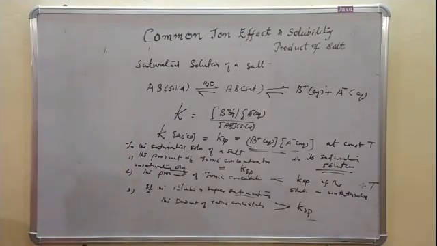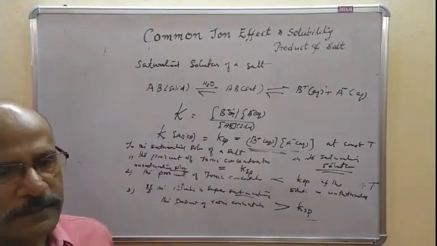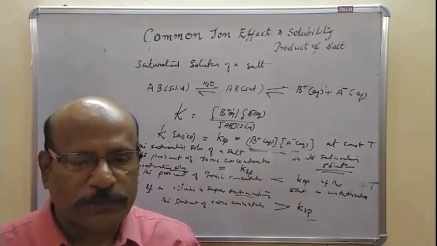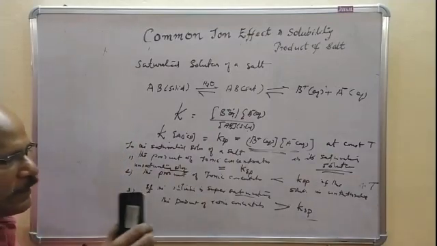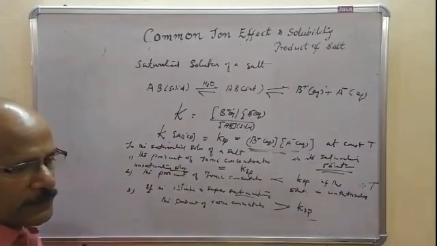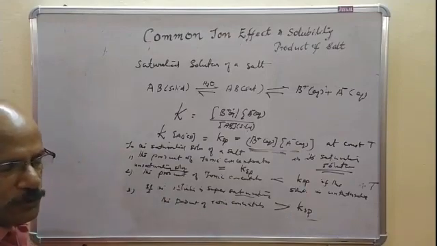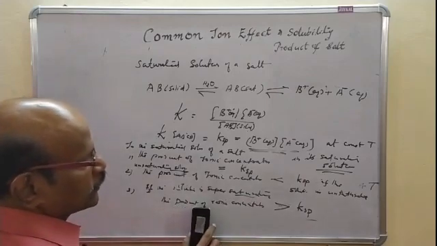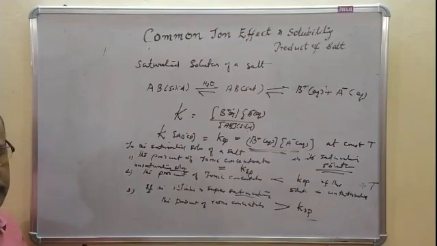But if the product of the ionic concentration exceeds Ksp in the supersaturated solution, more of the dissolved part of the salt gets precipitated in the undissolved form. So the supersaturation condition is to be created.